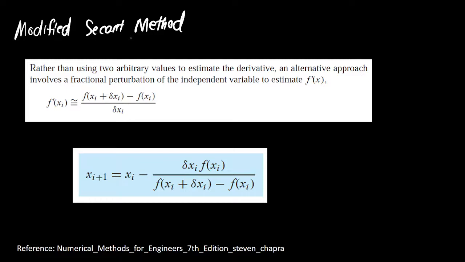So that issue is being resolved in the modified secant method, for which instead of needing a backward value of x, you create the second value of x by multiplying a certain number, which is what we call the perturbation factor.